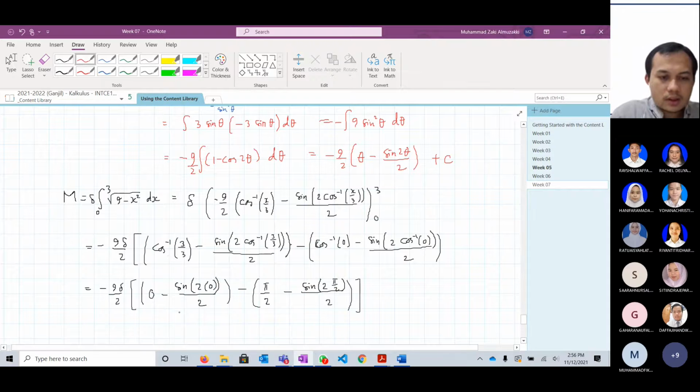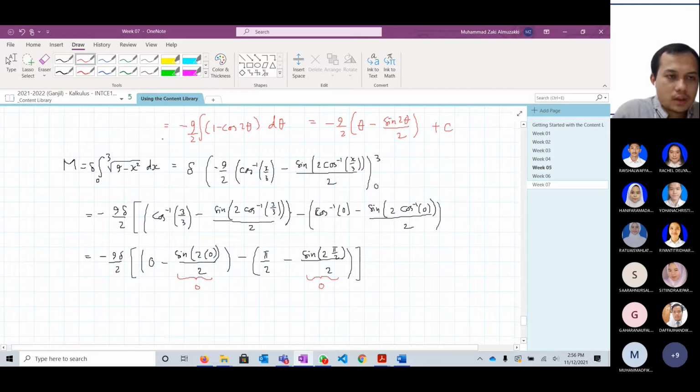Sine 0 is 0, so this is 0. Sine pi is also 0, so this is 0. So now the mass is basically 9 pi delta over 4.